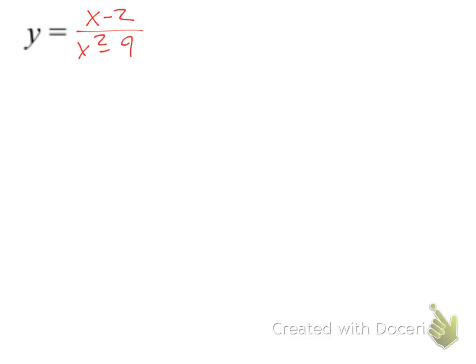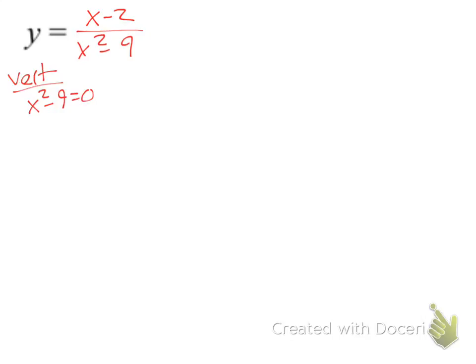So let's go through our list here, guys. The first thing we wanted to find was our vertical asymptotes. Our vertical asymptotes are what make the bottom equal 0. And so x squared minus 9 equals 0. Wait a minute. This might actually be our first problem where we have to enact step number 1 that I added. Is this problem completely factored?